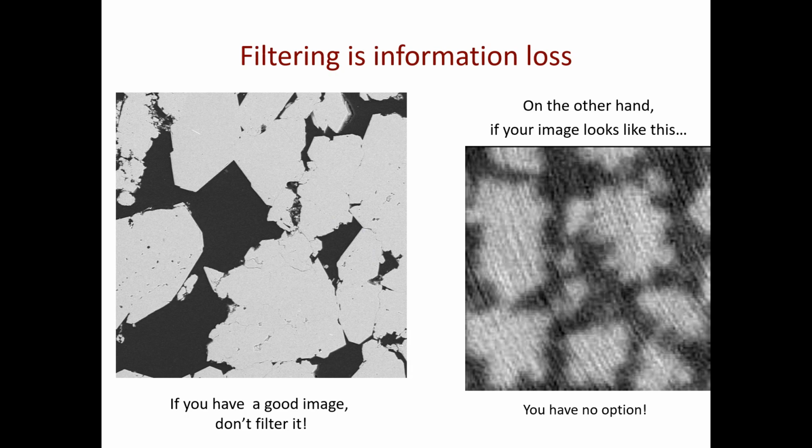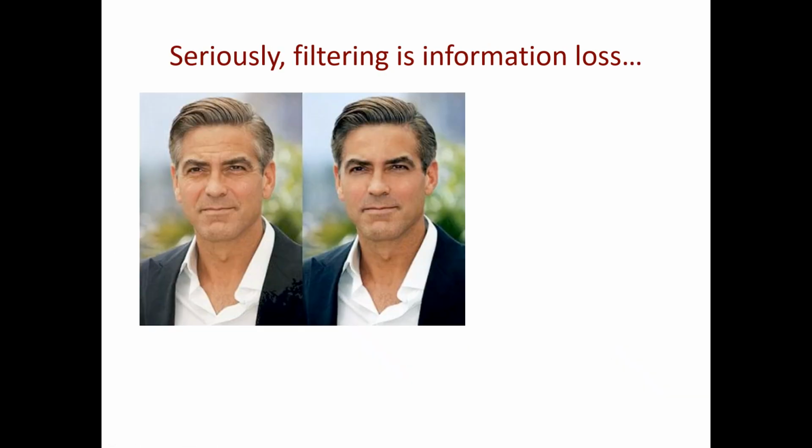Just because filtering sounds cool doesn't mean that it should be applied all the time. You should technically look at your image. Now, if you have something like this that is very noisy, you almost have no choice. Because quite frankly, a lot of algorithms that come after, if you don't filter this image, are just going to stop and not work. Okay? So you have no option if you have a very noisy image.